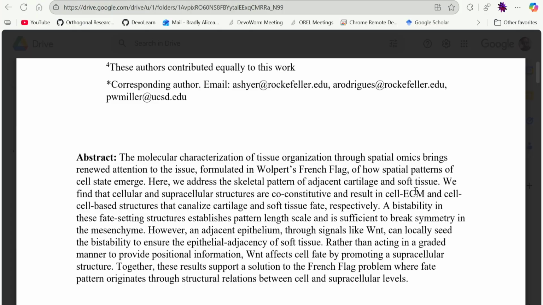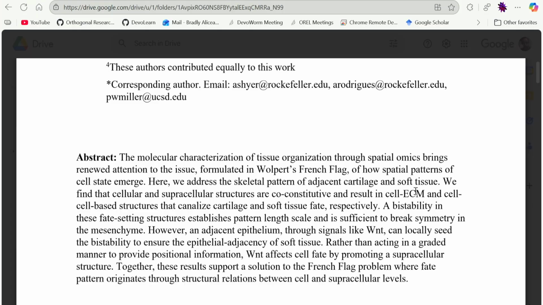So this means that you have this canalization process, so things get buffered or channeled into certain fates based on their context. A bistability in these fate-setting structures establishes pattern length scale and is sufficient to break symmetry in the mesenchyme. However, an adjacent epithelium, through signals like Wnt, can locally seed the bistability to ensure the epithelial adjacency of soft tissue.